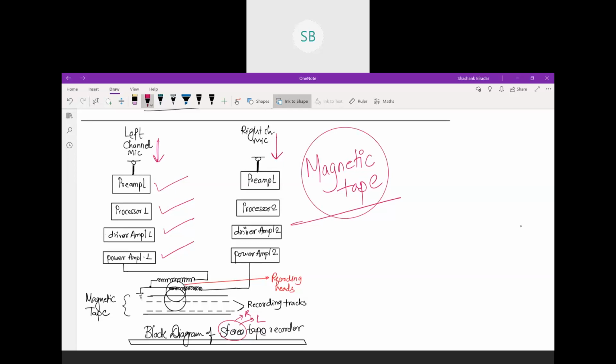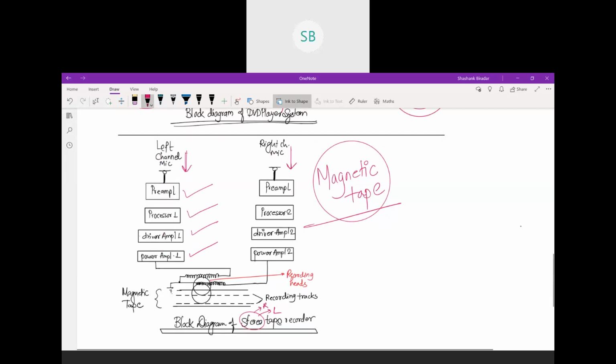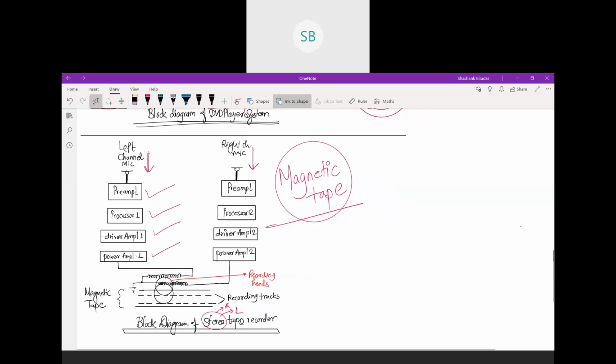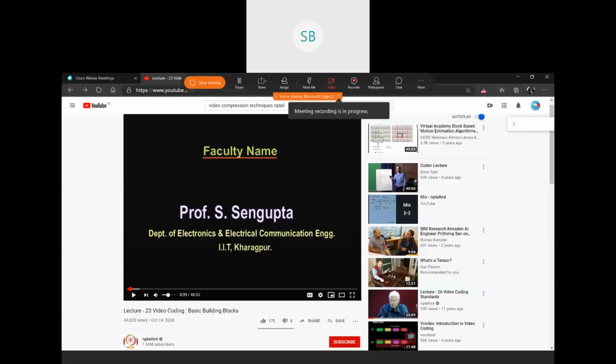Okay, so in this way we have covered most of this particular unit, the important part, right? Let me tell you one last thing. Is it visible?